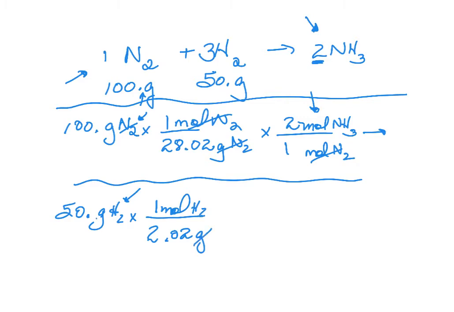And okay, so once I get it into moles of hydrogen, I'm going to use a mole ratio to convert that to moles of NH3. Now hydrogen has a coefficient of 3 in the balanced reaction. And of course NH3 has a coefficient of 2.